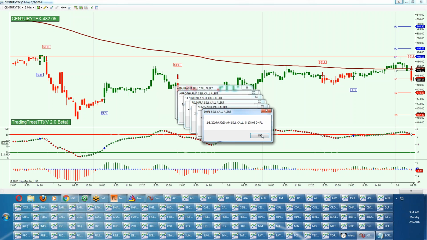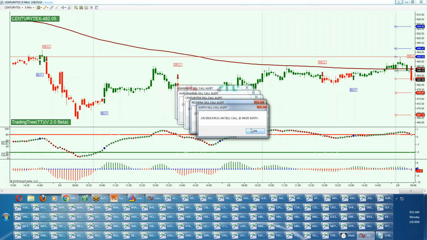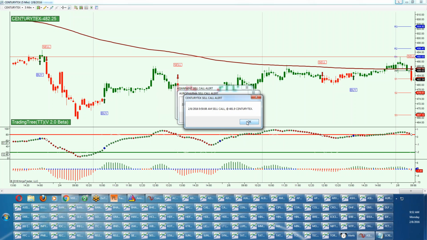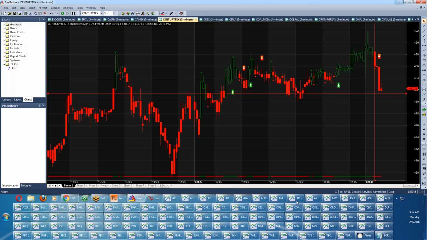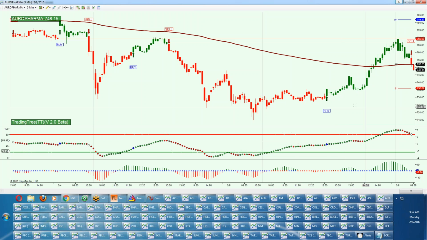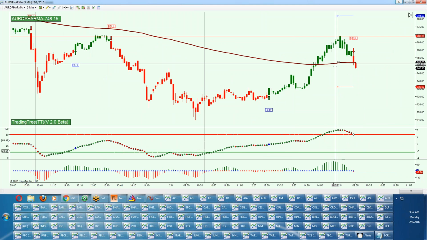We have DHFL sell, Sun TV sell, Rel Infra, Century, Arbindo Pharma, and Asian Paint. So we mostly have all sell calls.